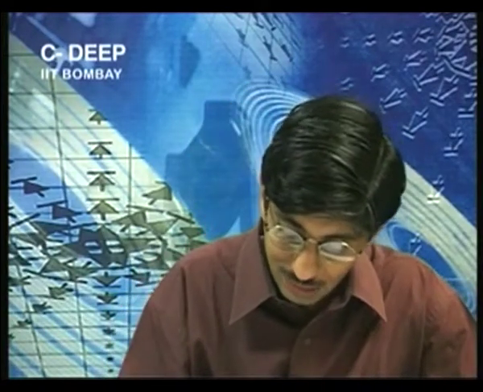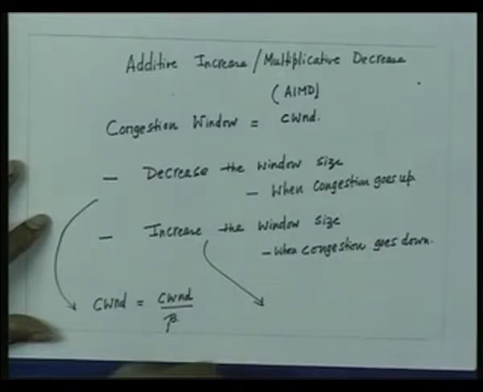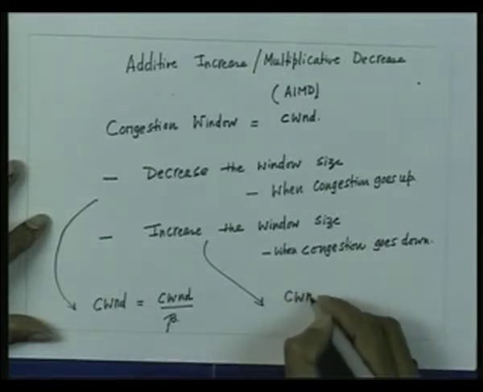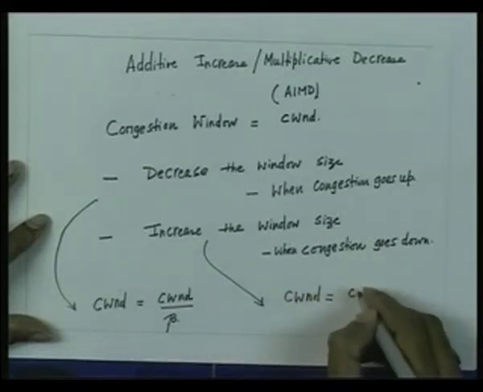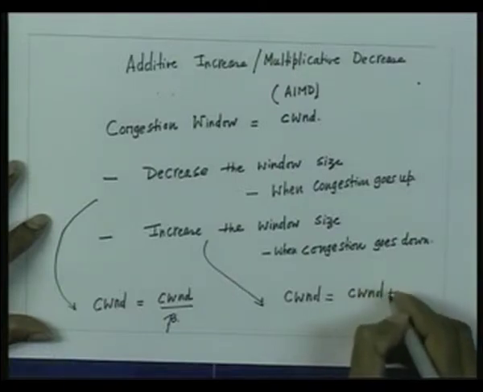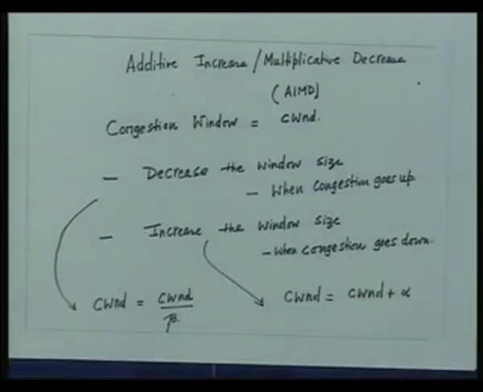And when I increase the congestion window size, my new congestion window size becomes equal to the old congestion window size plus a certain factor alpha. So my increase is in an additive fashion, my decrease is in a multiplicative fashion. So my decrease is a little faster, my increase is a little slower. This congestion control mechanism is called AIMD, or additive increase, multiplicative decrease.